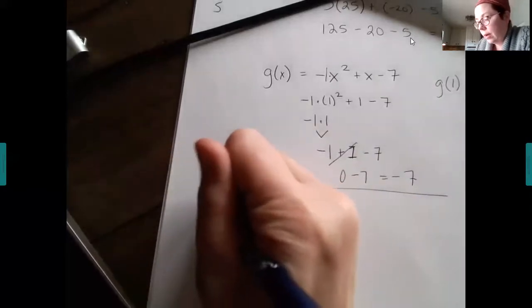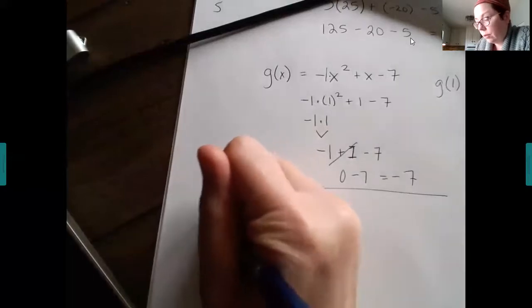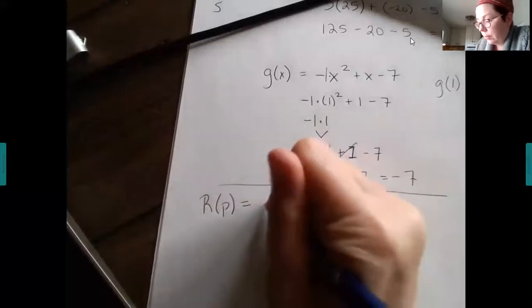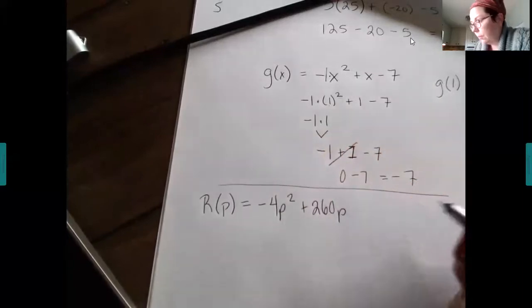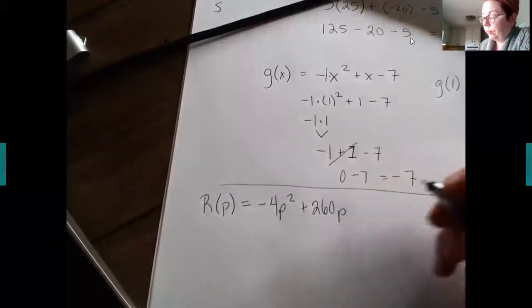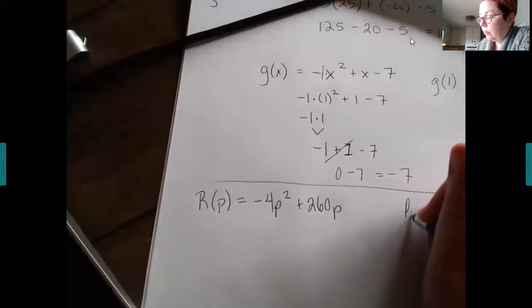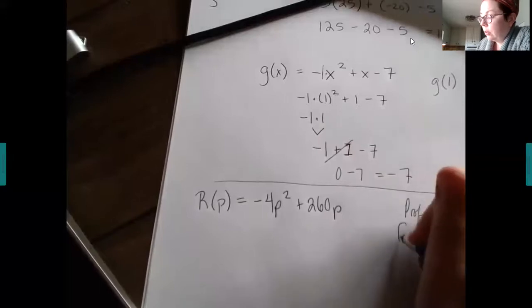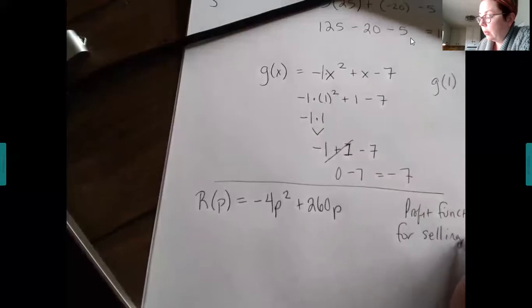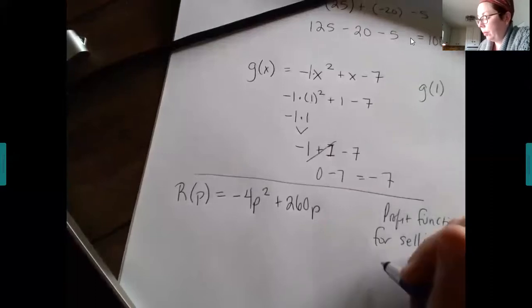All right, so let's say we have a profit function. Yes, I stole this from the homework. Okay, so here's a function, the profit function for selling, let's call it for selling toilet paper.